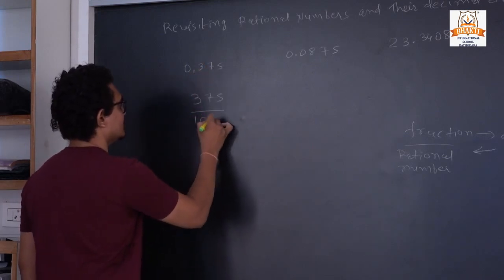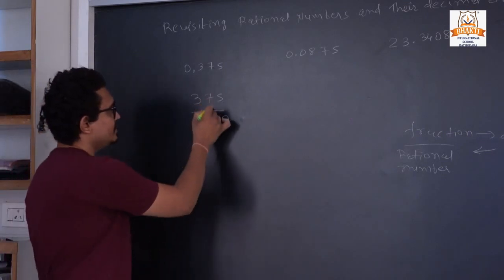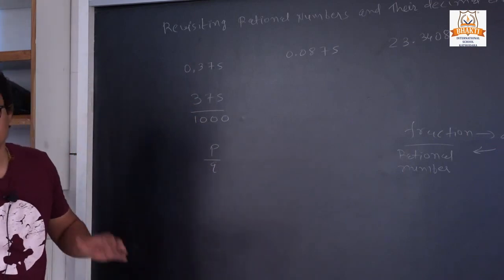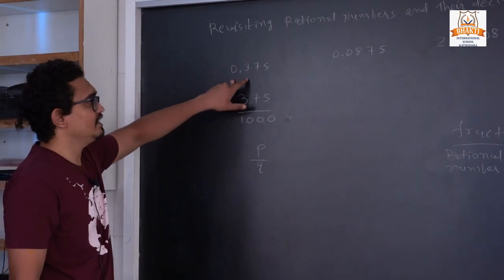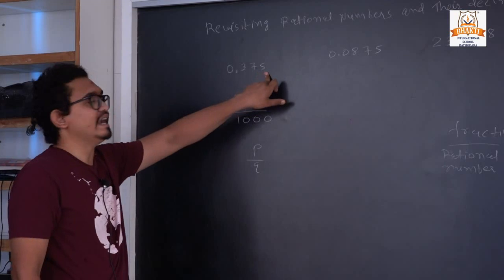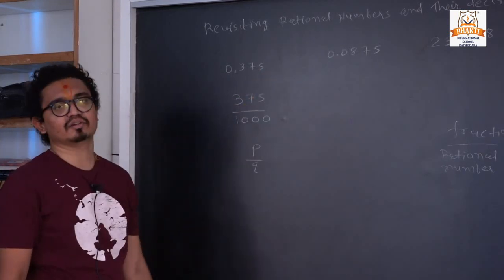So 1000. It will be in P upon Q form, so it is a rational number. It means if a number terminates, that is, it ends, we can convert that number into rational number form.